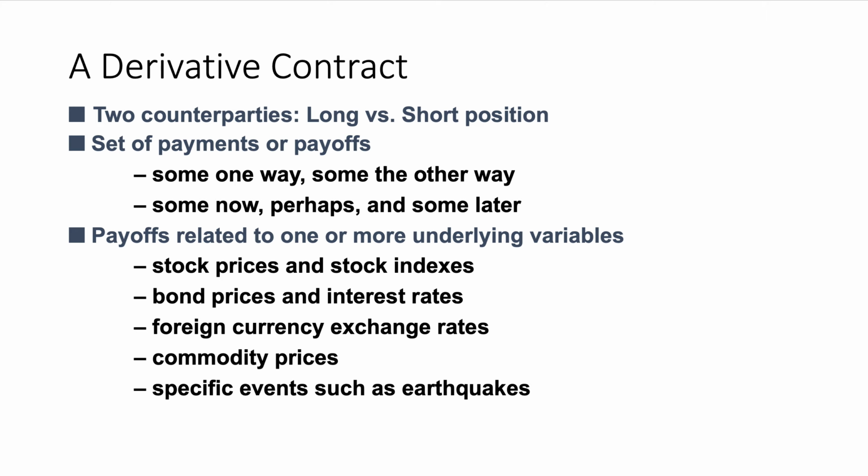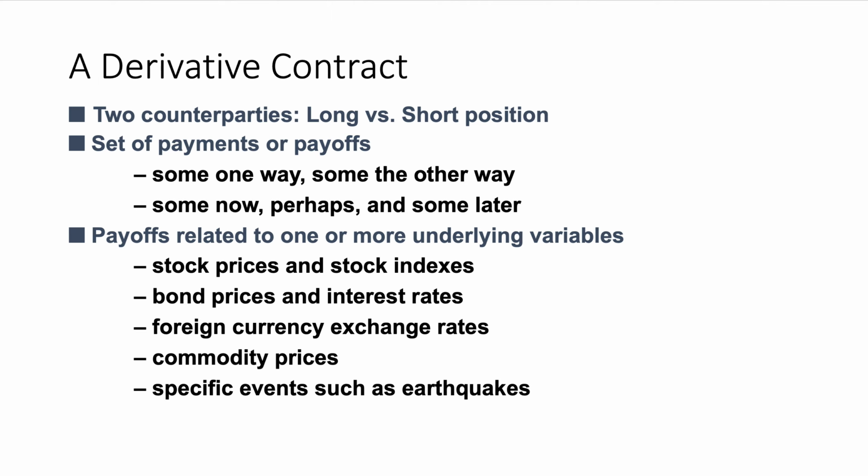Obviously, the foreign currency exchange rate can also be the underlying variable in this case. So we have futures, forwards, and options riding on that. Its value depends on the future spot rate, for example, exchange rate.